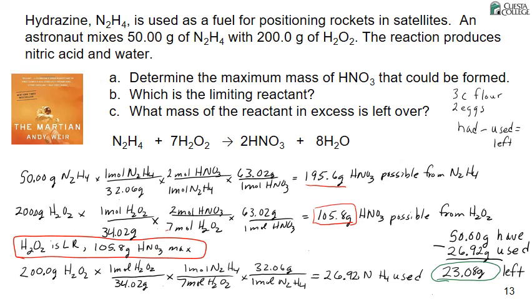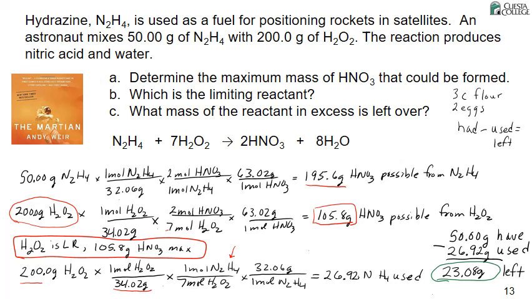What do you do about the reactant in excess that's left over? Well, you know that all 200.0 grams of the hydrogen peroxide gets used up in the reaction. It's the limiting reactant, it's used up. So one can take the starting amount of the hydrogen peroxide, calculate moles of hydrogen peroxide, and then instead of looking at the product, we can look at the other reactant, the hydrazine.